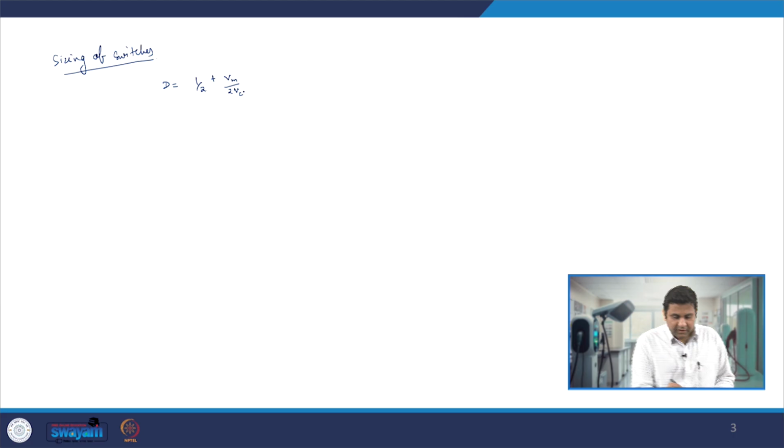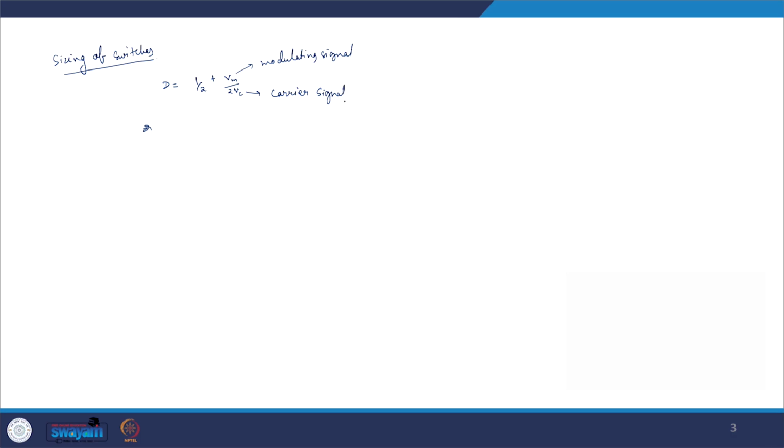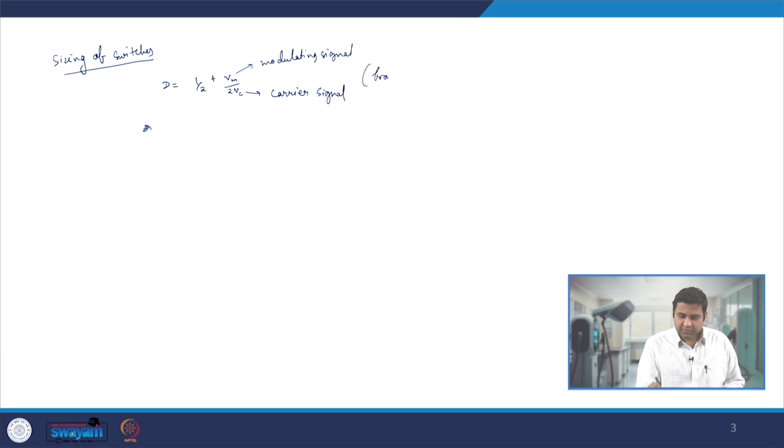And here this is our modulating signal, and this is our carrier signal.